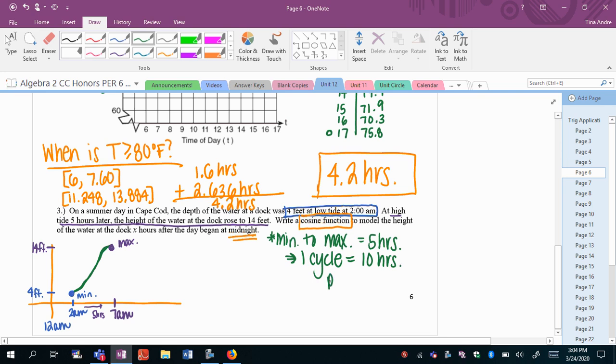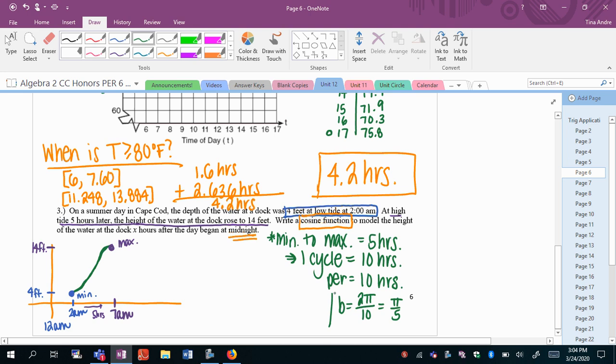So that tells me the period of this is going to be 10 hours. So from there, I can get the b value of my cosine function. So that means b is going to be 2 pi divided by the period. So pi over 5. So that's good.